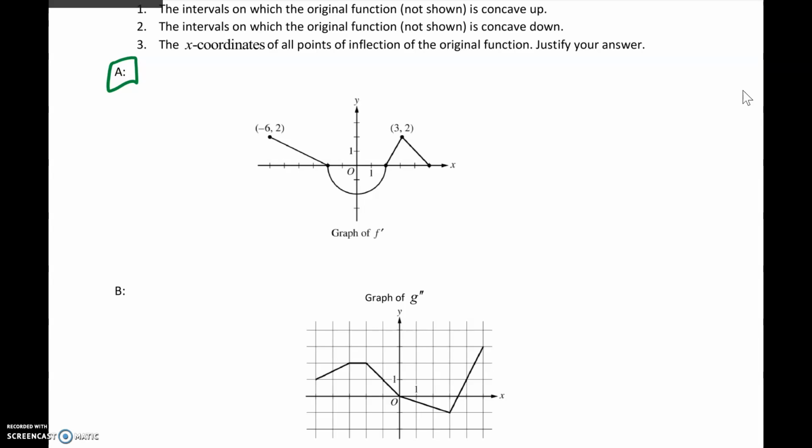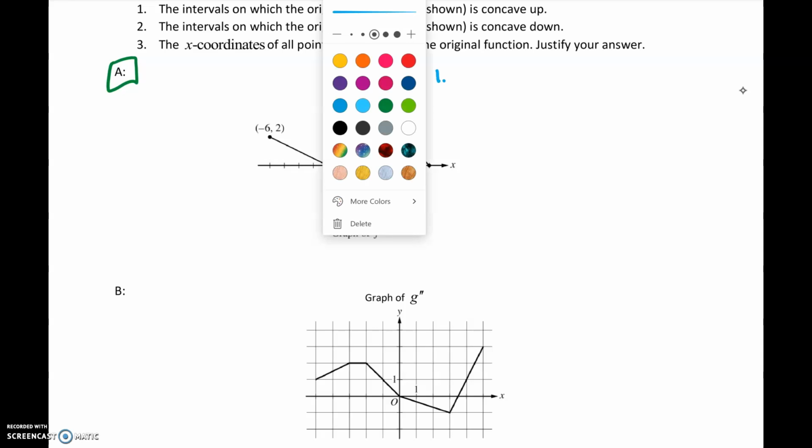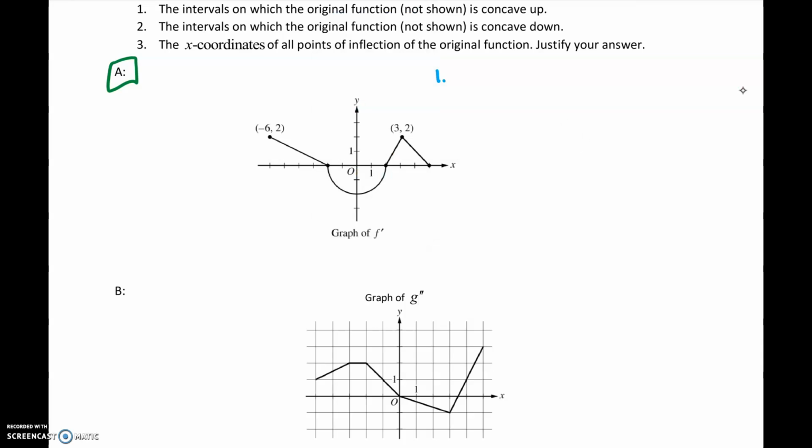What we were asked for is where the original function was concave up, then concave down, and then for points of inflection. Okay, so let's try that and see how we get on. So first of all, we'll look to see where the original function was concave up. So we're looking at the graph of the derivative.